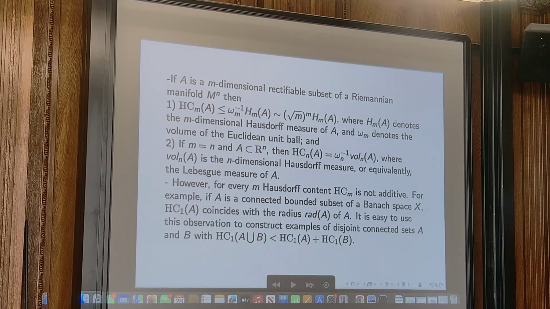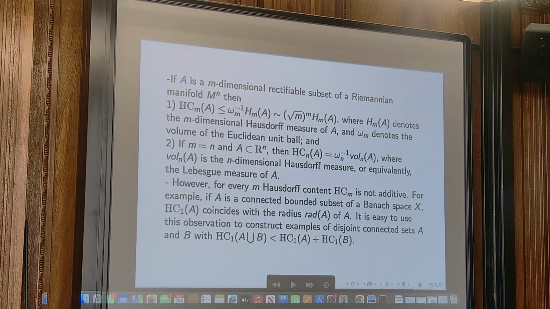Now, the main difference between HCm and Hausdorff measure is that HCm is very much non-additive. It's more immediately clear in dimension 1 when we have HC1, because as I just said, HC1 behaves essentially like a radius or diameter, and everyone knows that diameter is very much non-additive. But in fact, it will be true in all dimensions.